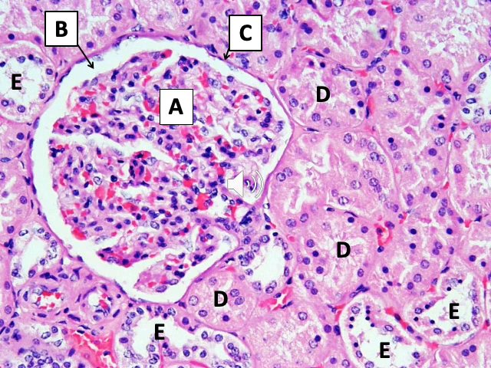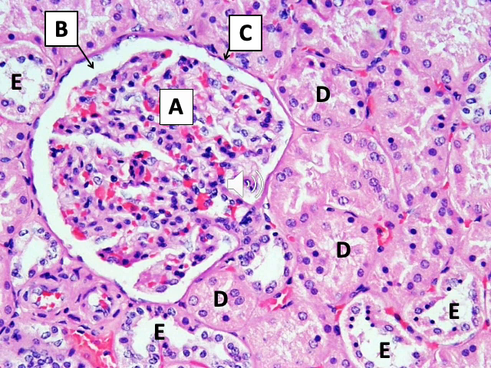D is the proximal convoluted tubule, which is lined by the simple cuboidal epithelium with prominent brush border and tall microvilli, and the cytoplasm of these cells is darker due to more organelles.